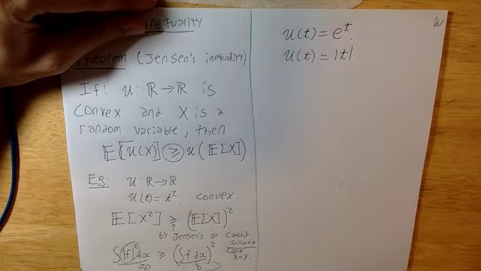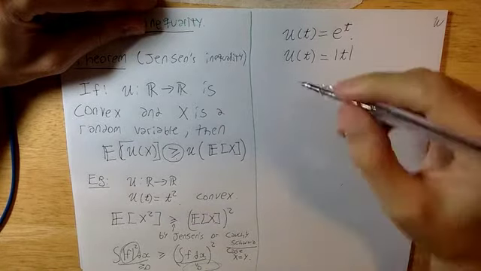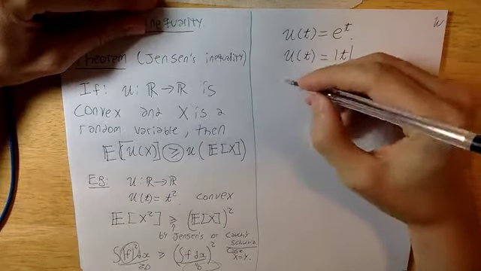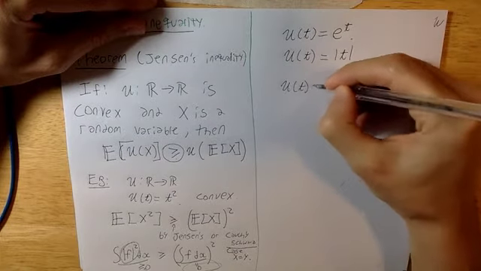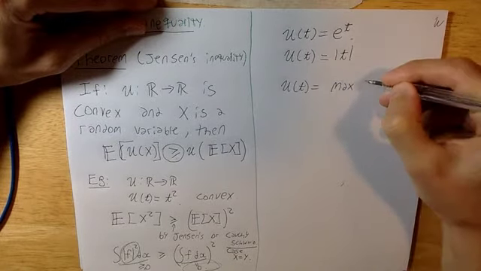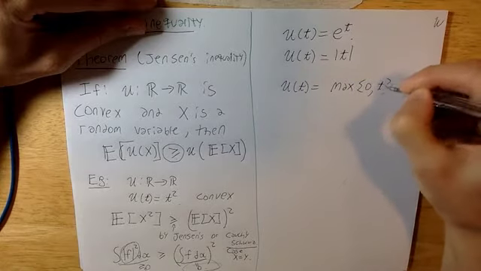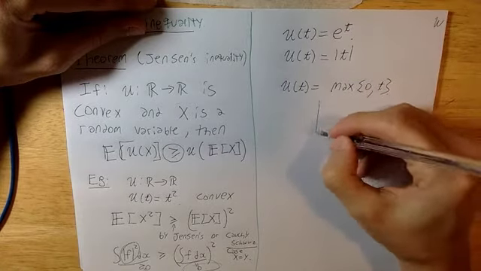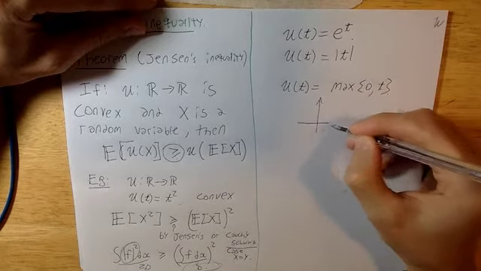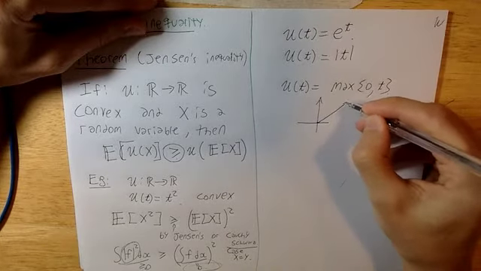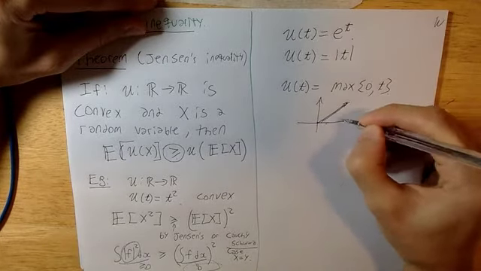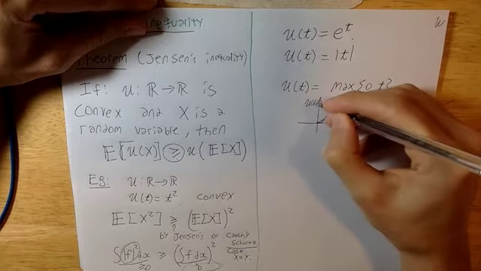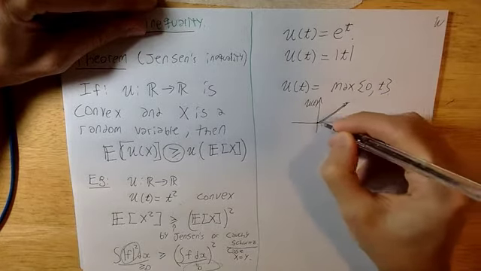And another one would be u of t equal to the maximum between 0 and t. And this is the case in which you have this function here. Sorry, this is t, this is u of t. Okay, so it's 0 and then it goes up.